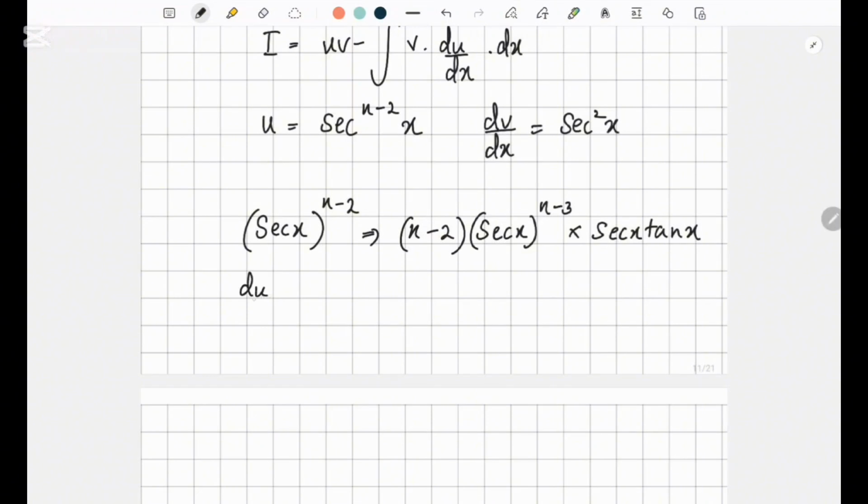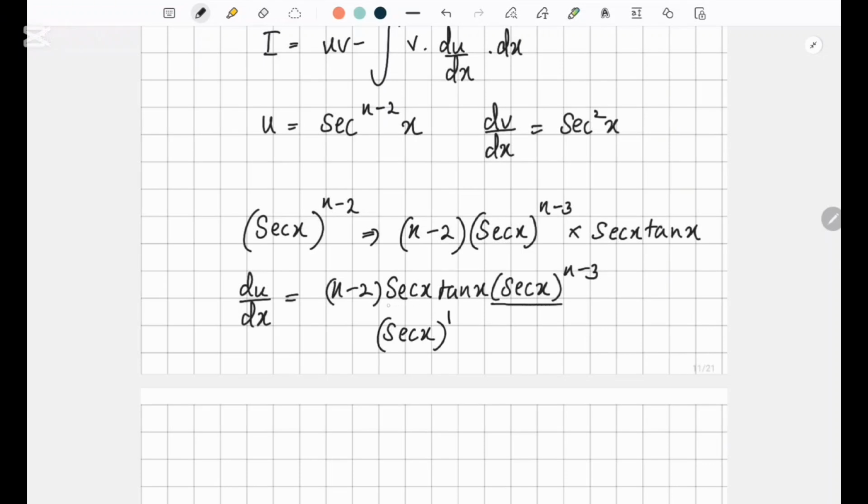So then du over dx is going to be n minus 2 into sec x into tan x into sec x to the power n minus 3. Okay? But now, since you have sec x here and you have sec x here, so this is basically sec x to the power 1, right?